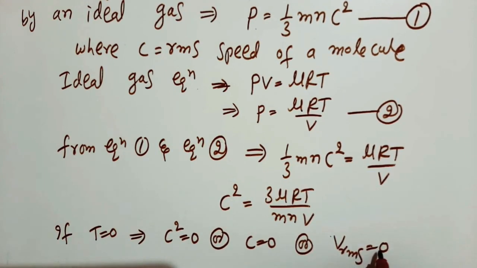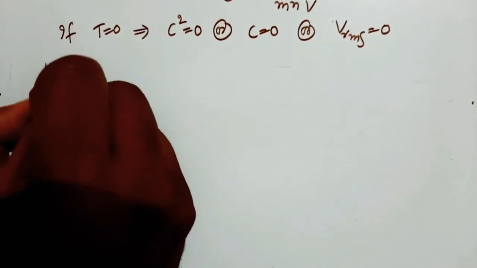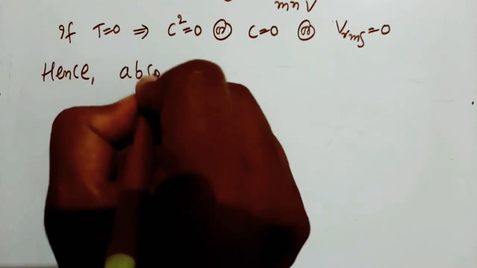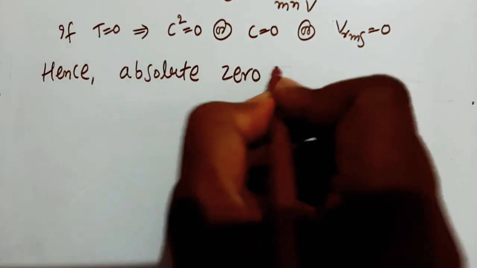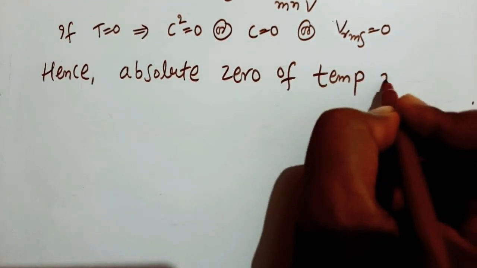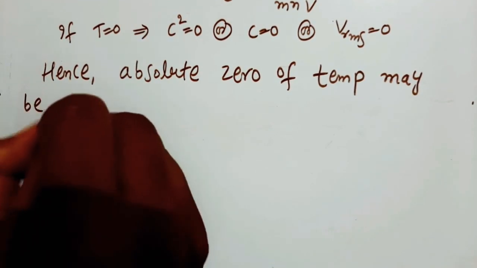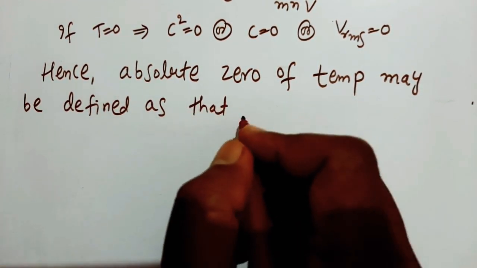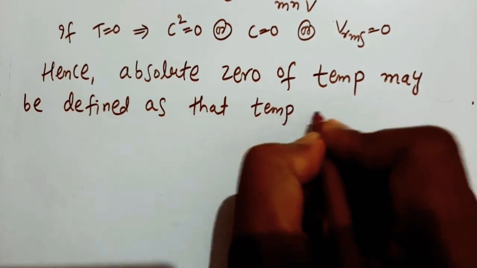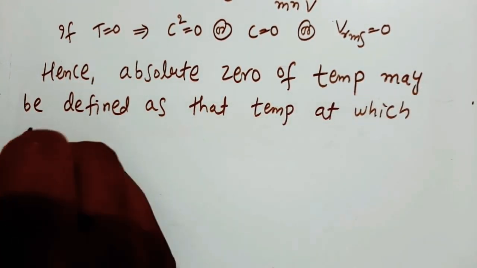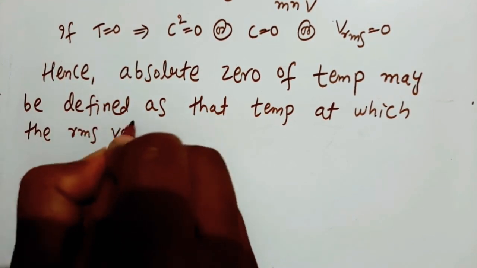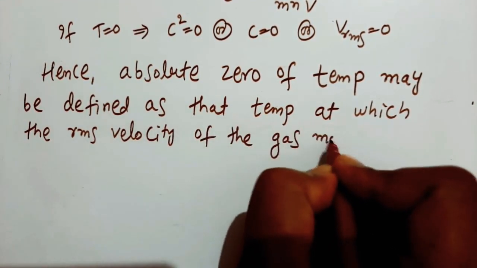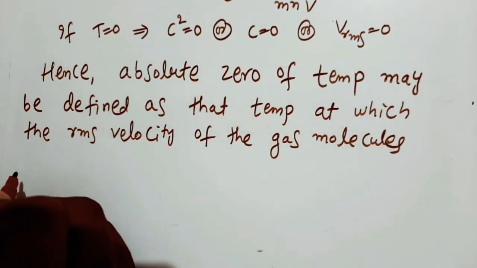That is, the root mean square value is 0. Hence, absolute zero of temperature may be defined as that temperature at which the RMS velocity of the gas molecules is reduced to 0.